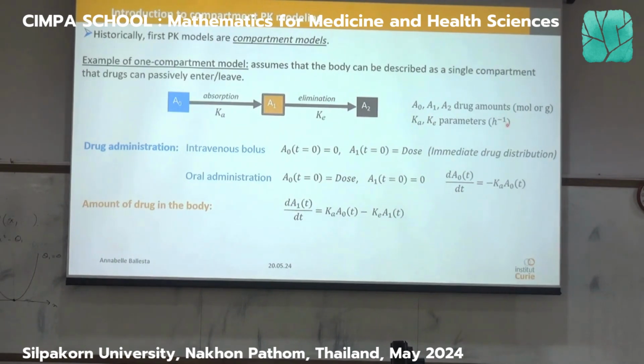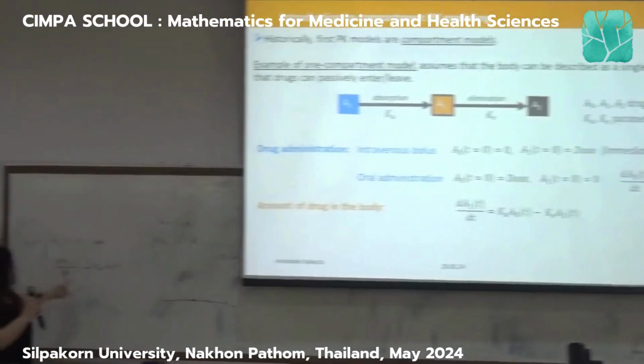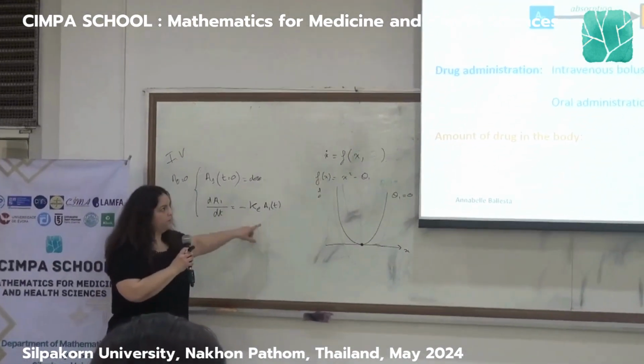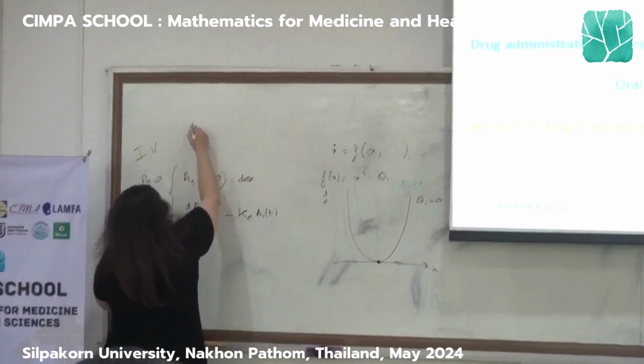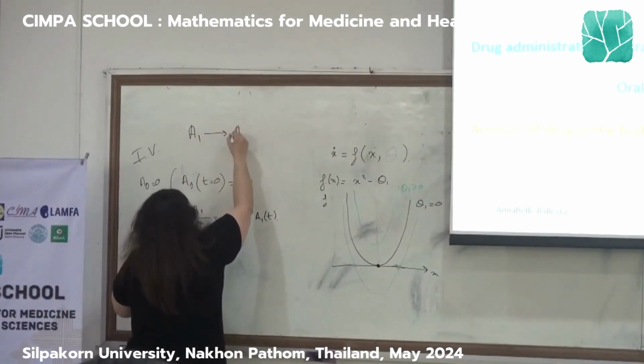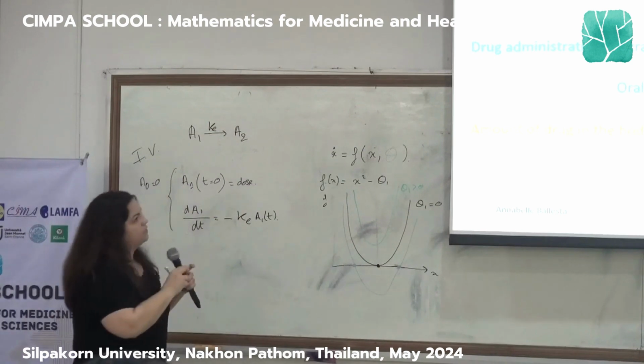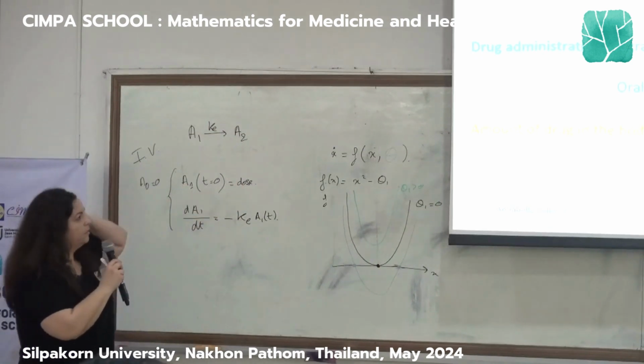maybe I should explain this a bit better. So here we are looking at the change of A1 over time. All the drug at the beginning is in compartment A1, and the only thing that can actually happen is the clearance, the thing that I put here above.